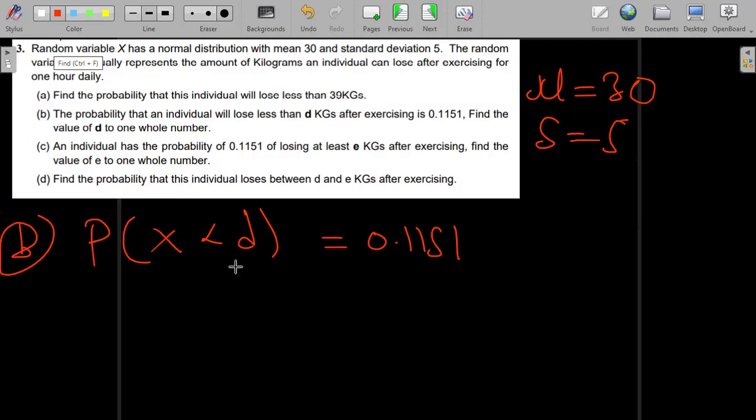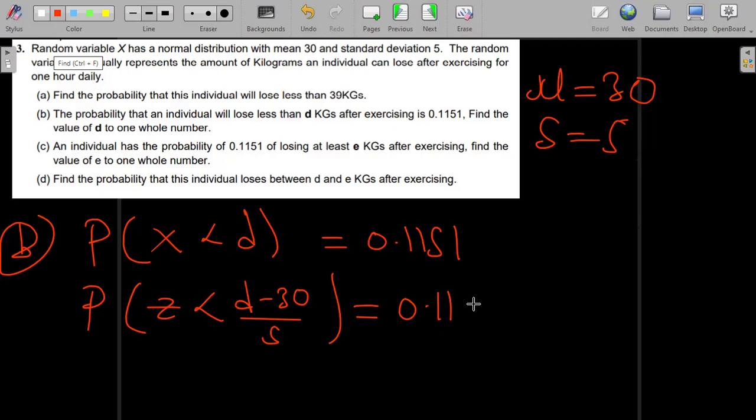Find the value of D. If we convert this to the Z score, this becomes the probability that Z is less than (D minus 30)/5, which is equal to 0.1151. So the probability that Z is less than this value is equal to this.